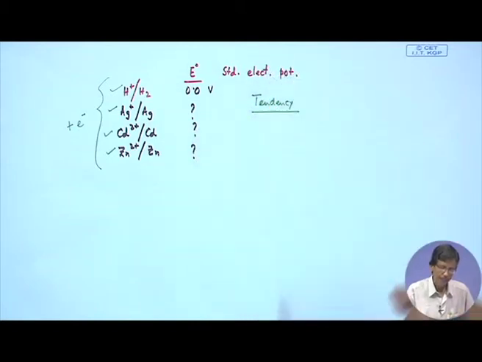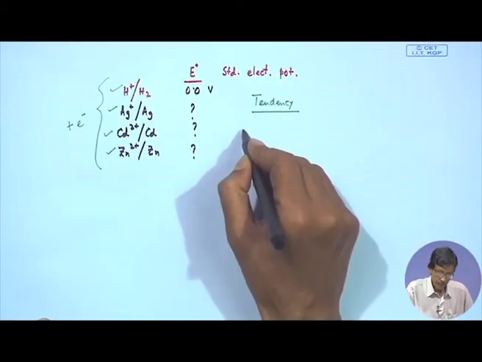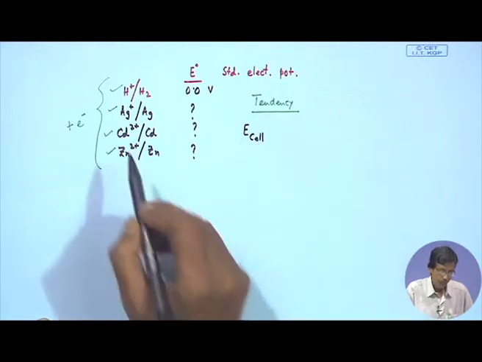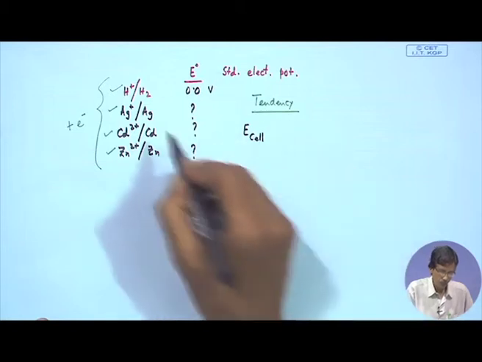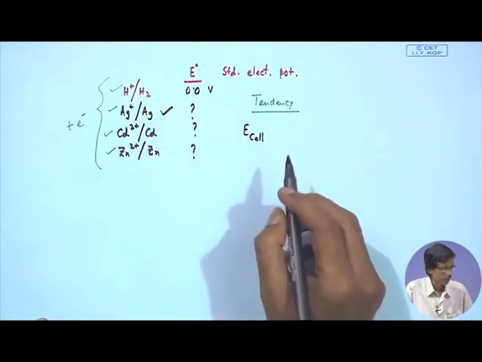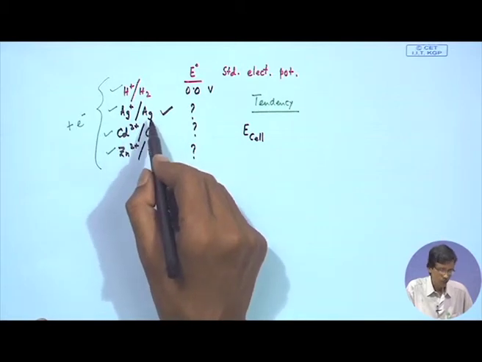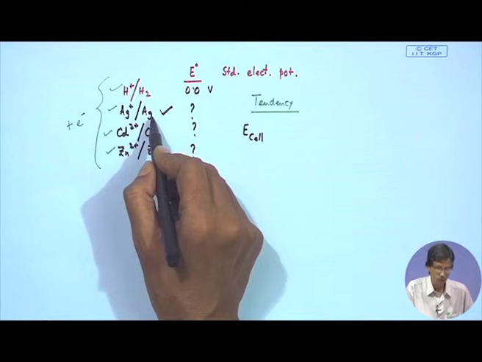And that standard electrode potential we have to determine, and how we determine that is very simple. E cell we have to measure, and with respect to your hydrogen potential we have to measure the corresponding one for the second species. That means, this one will go for its corresponding reduction, silver 1 will go for silver 0.